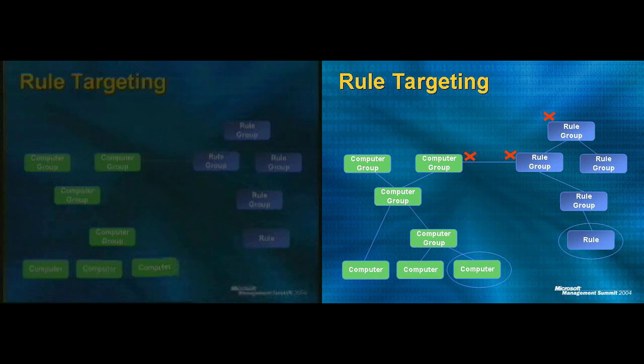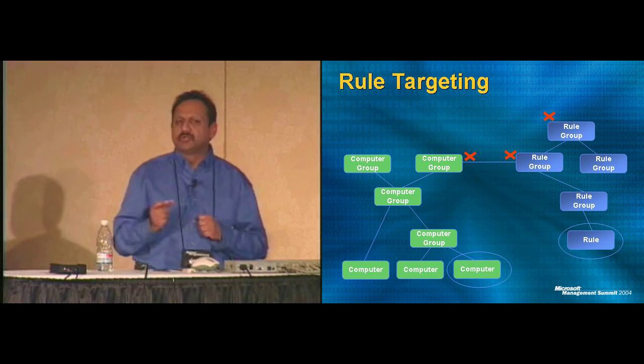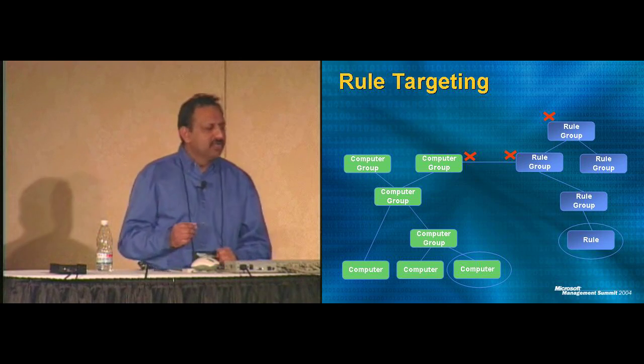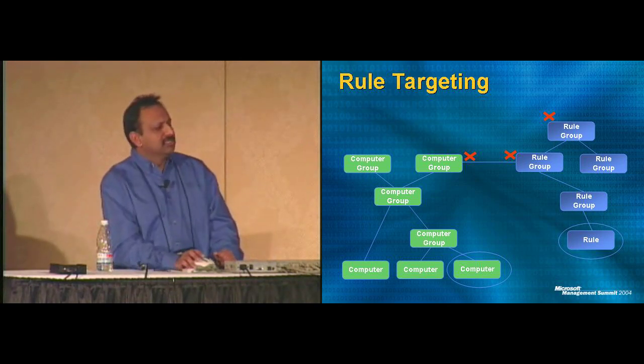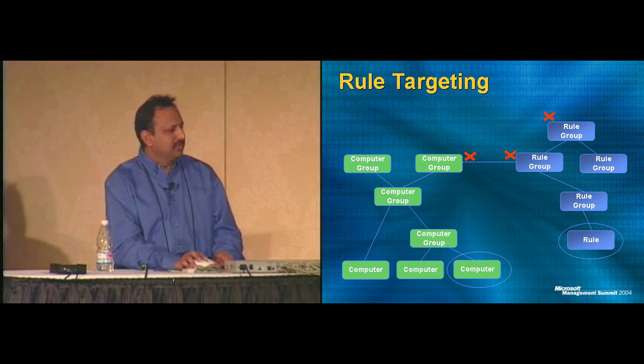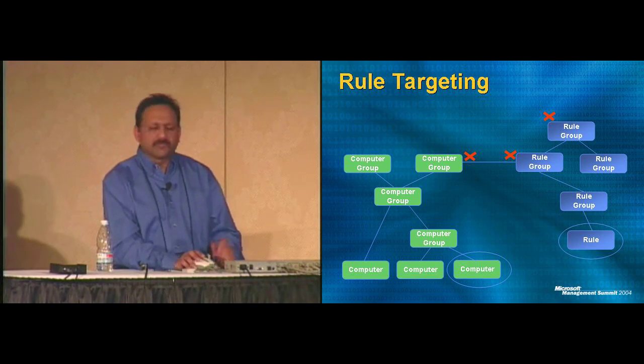And the blue things are rule groups. We used to call the rule groups in the past a processing rule group, PRG. We're just calling them RGs now. So now your question is, this rule here, how does it get to this computer? Well, if I've associated a computer group to a rule group here, this rule will hit that computer, okay?